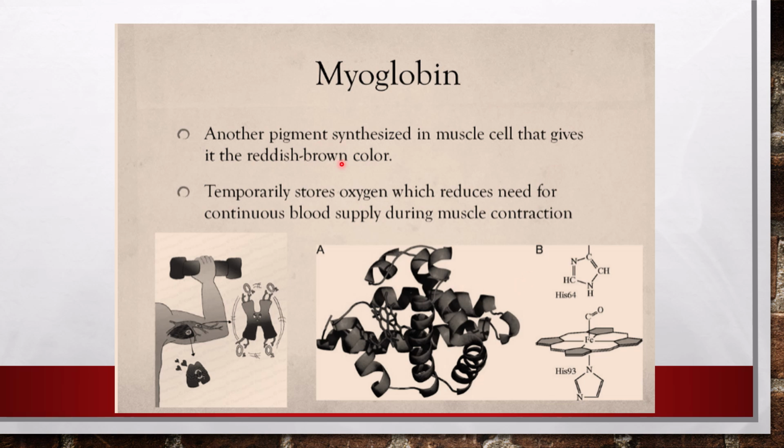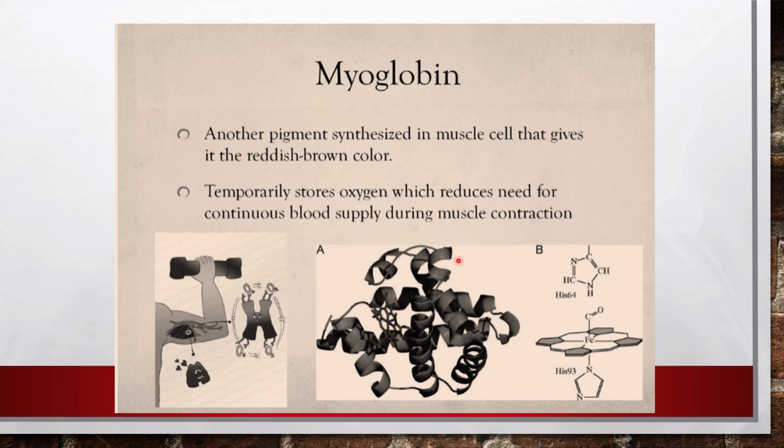Myoglobin is another pigment, synthesized in muscle cells, that gives them a reddish brown color. It temporarily stores oxygen, which reduces the need for continuous supply during muscle contraction. Instead of four globin chains, there is only one globin chain and one porphyrin ring.